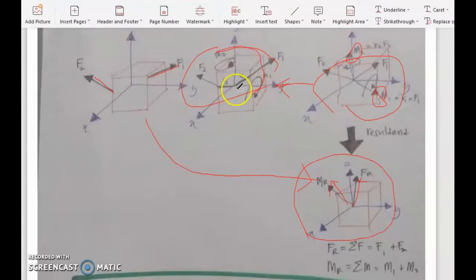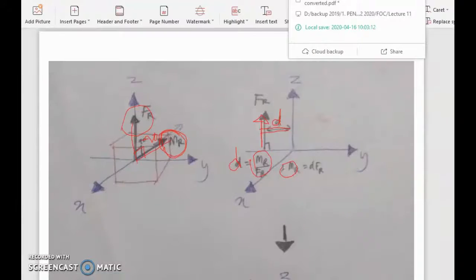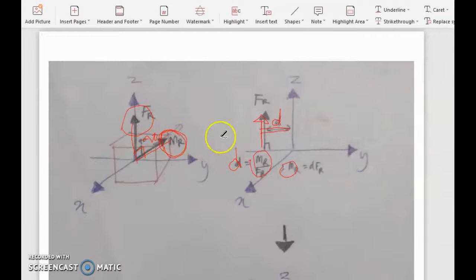This time this is for resultant force and resultant moment. From this resultant force and moment, you eliminate the moment and it becomes like this one.